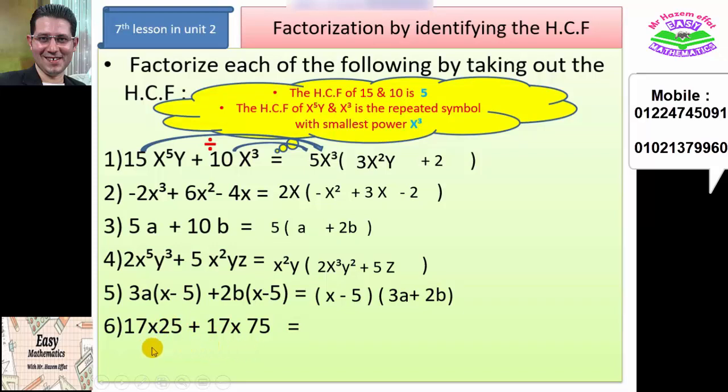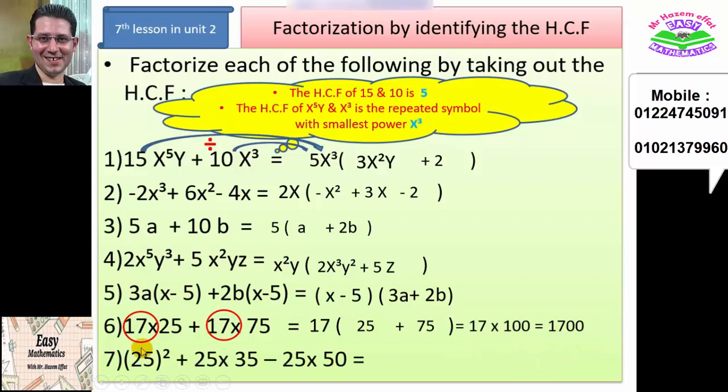Which here is the repeated number? It will be 17. By taking it as a common factor and opening brackets, what about the remainder? It will be 25 plus 75. Now how to calculate it? By multiplying 17 by their sum, which equals 100, it will be 1700.